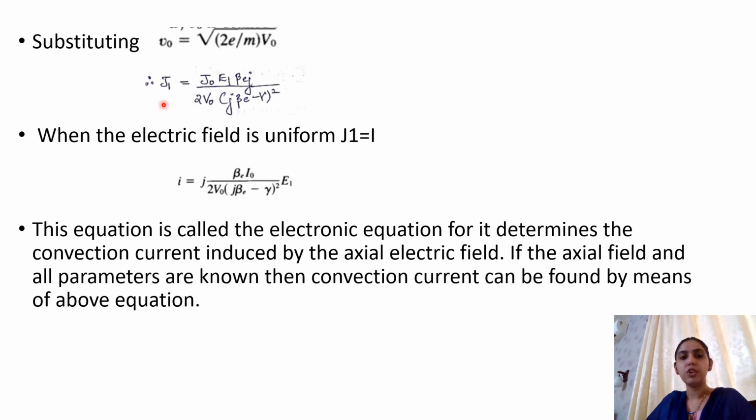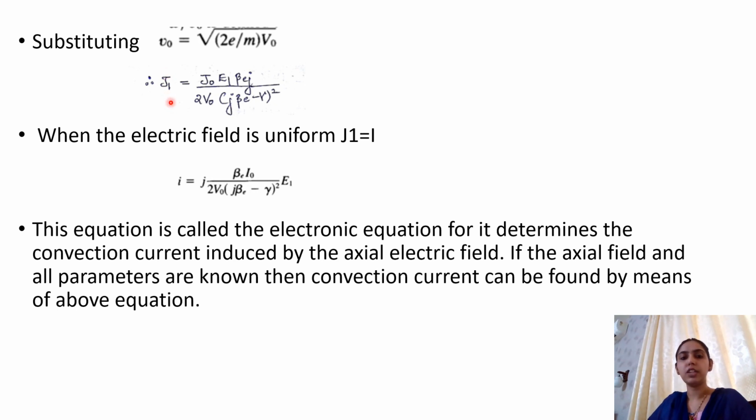What we have to understand is that when the electric field is uniform, the current density J will be equal to I. That is, J0 will be equal to I0 and J1 will be equal to I. If the magnitude of the axial electric field is uniform over the whole cross section of the electron beam, the current density J and the current will be the same. That is why in our analysis we have written the expression for current density J, simplified it, and we are assuming that this J will be equal to I.